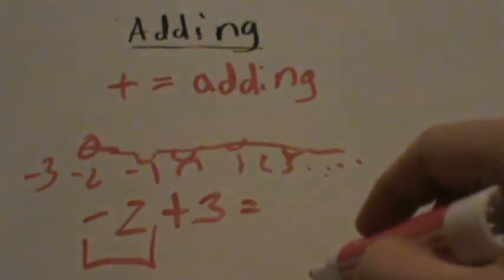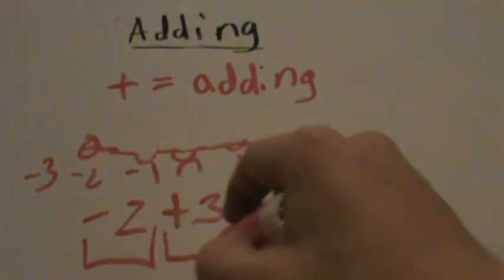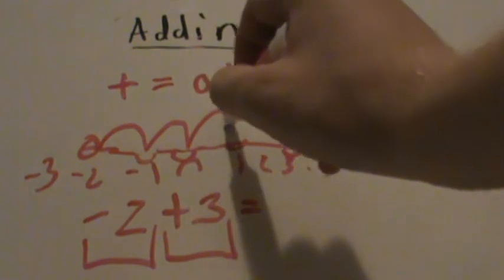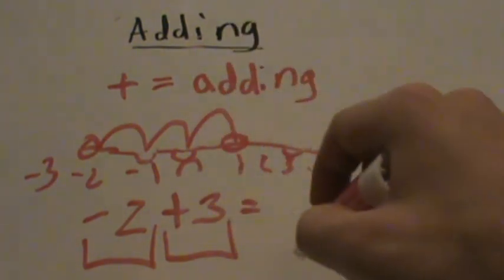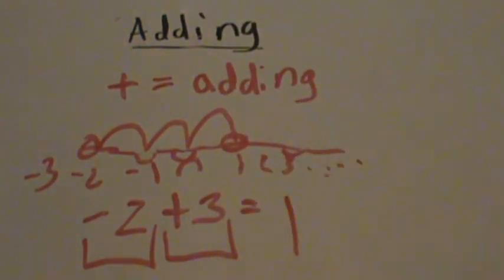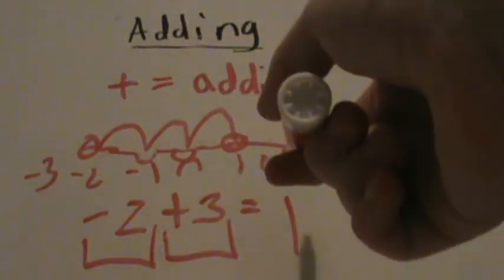So we're starting at -2, like we are right here, and now we're going up 3 positions from -2. So we go 1, 2, 3. Where did we end up? We ended up at 1. So when you add positive numbers to negative numbers, you're going this way. You're going more positive, towards 0.